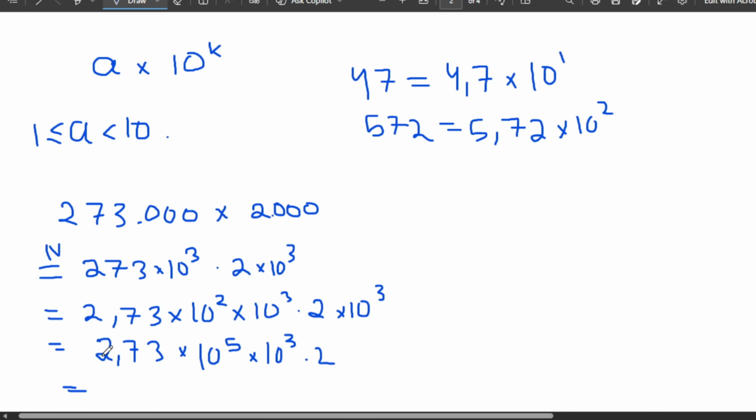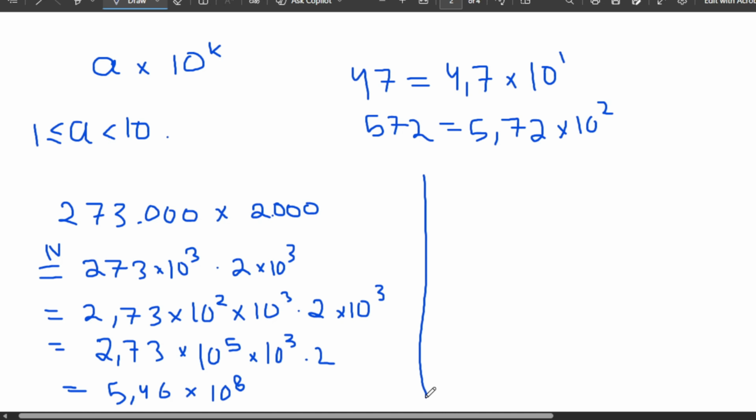This would be 5.46 times 10 to the power of 8. All right. That's the result of this.